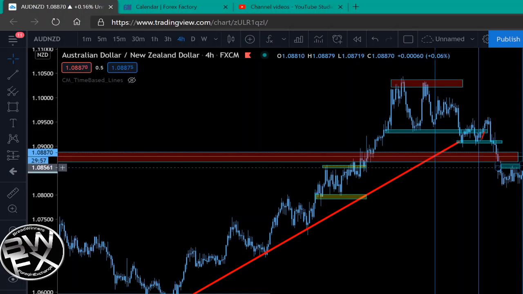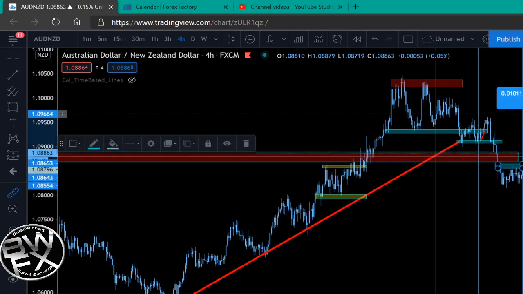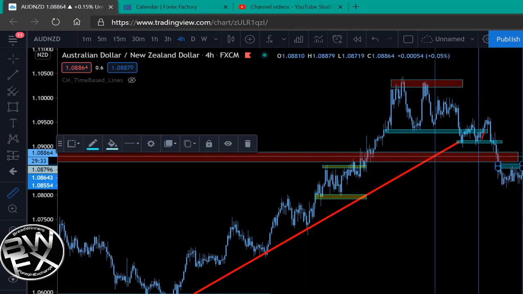It'll be a nice opportunity to get in for a buy right here, if you're not already, to this high. Let's see what that is. Almost 200 pips, about 160 pips if we get in right here. It'd be a good buying opportunity. I may even put this in the Telegram group.